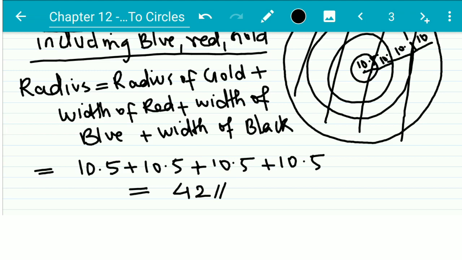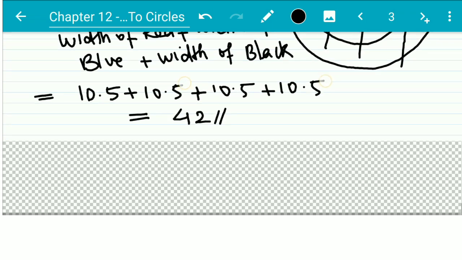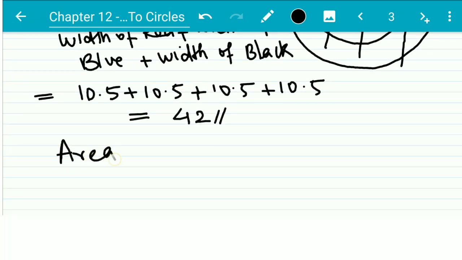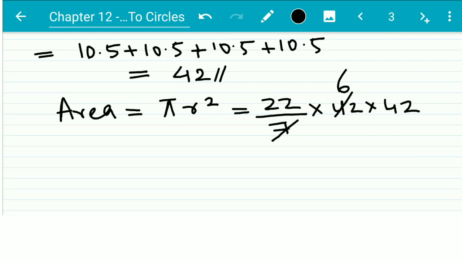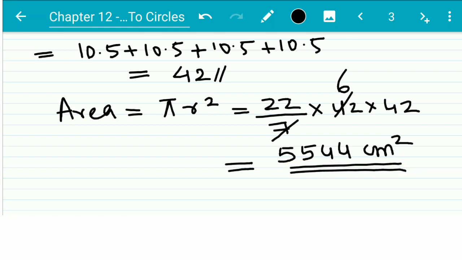So we got radius is equal to 42. Now substitute in area formula. Area equal to pi r square equal to 22 by 7 into r is 42. So r square will be 42 into 42. 6 sevens are 42. Now 22 into 6 into 42 is 5544 centimeter square. Now we got the area of black region including blue, red and gold.